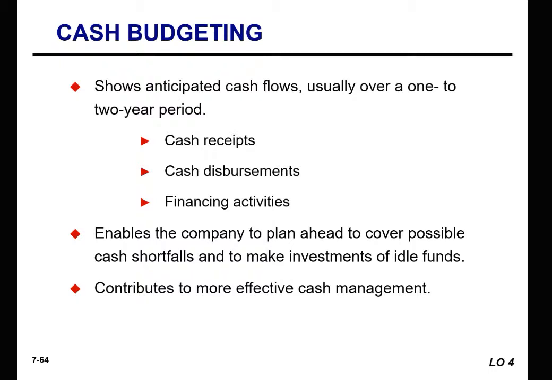So some of the things that companies do to determine what their cash flows are is a cash budget. So this is going to show the anticipated cash flows over a 1 to a 2 year period. The farther out you get, the less accurate it's going to be. It's going to have 3 sections.